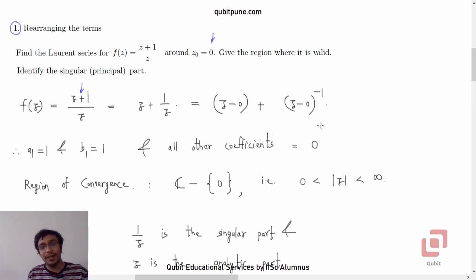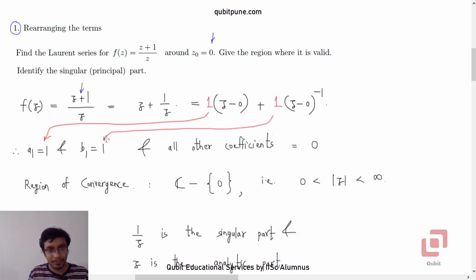So the Laurent series of the given function consists of only two terms, and the coefficients of both these terms are 1. So in usual notation, a1 is equal to 1 and b1 is also equal to 1. There is no need to write the other terms because all the other coefficients are equal to 0, so there is no constant term either.